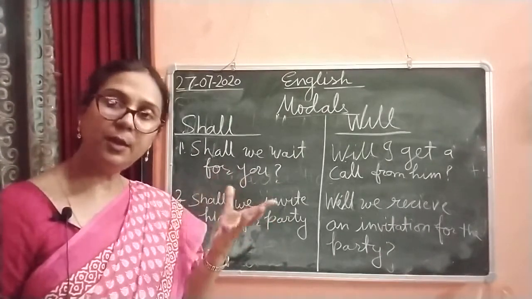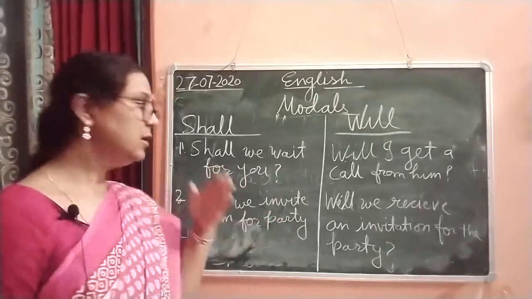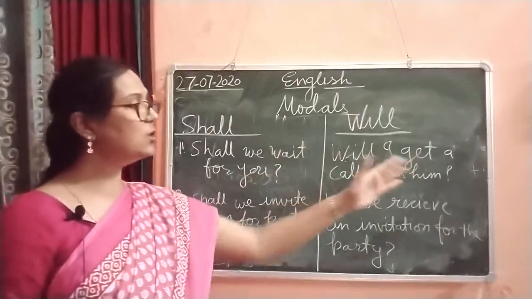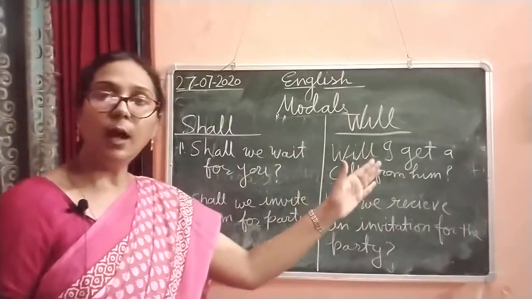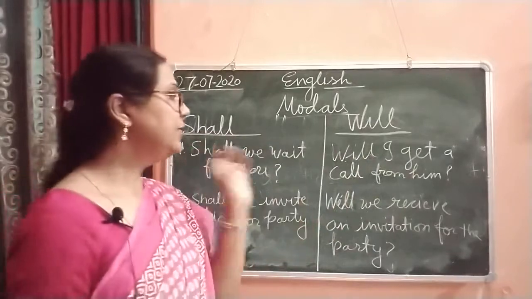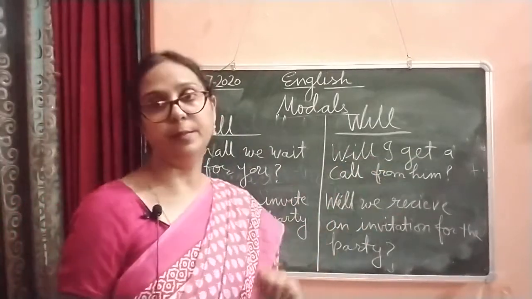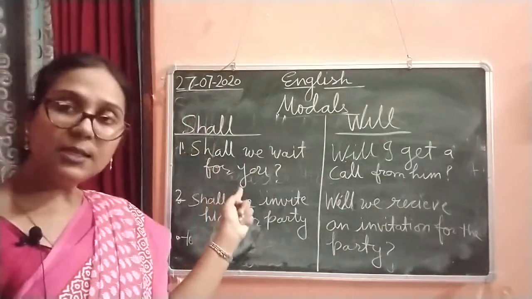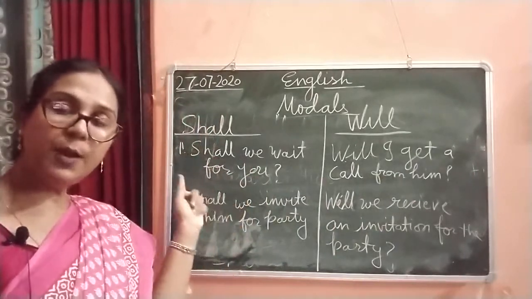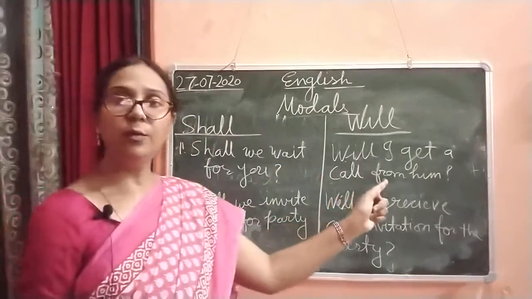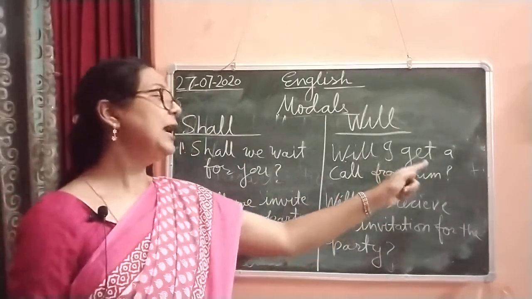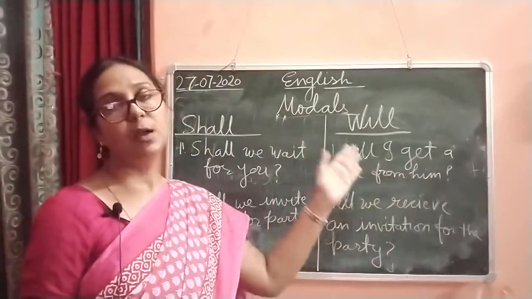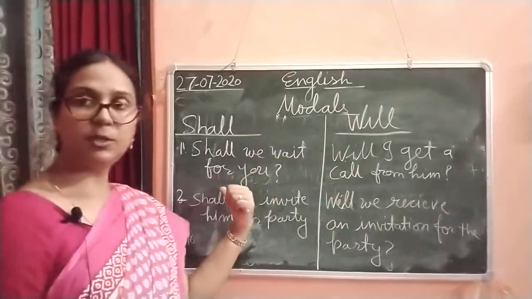You are offering someone, asking "Shall we wait for you?" And here, "Will I get a call for him?" I am quite assured there. Here we are seeking someone's permission, and here we are assured. So the probability is more than with shall.